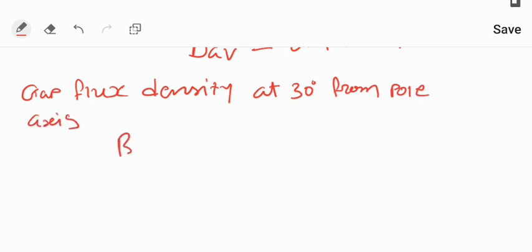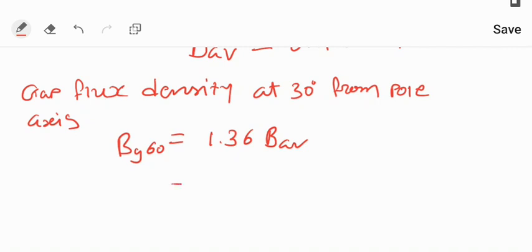So for that, Bg at 60 is given as 1.36 BAV. What does BAV stand for? BAV is the average air gap density.